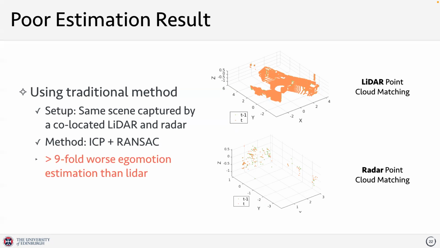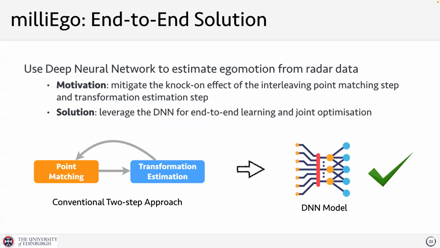The matching result of the radar is very unsuccessful, as we can see on the bottom right, and it actually has a several-fold worse pose estimation error than the LiDAR counterpart. This is not a trivial number if you really think about it. But still, we want to address it, right, because it's quite promising for dealing with visual degradation. The problem here is, do we still have a chance?